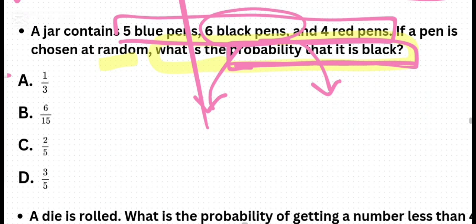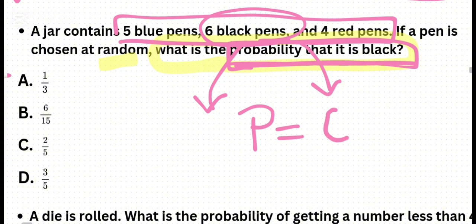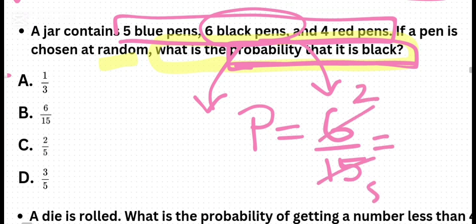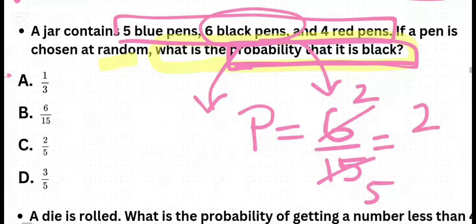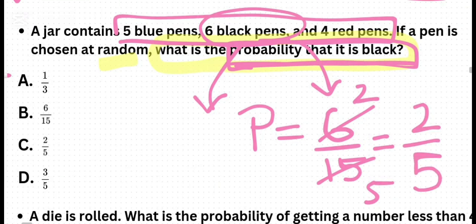So P is equal to F by T. After putting the values you will get 6 by 15, and it is equal to, 3 two times 6 and 3 five times 15, so it is 2 by 5. So the correct answer is C.